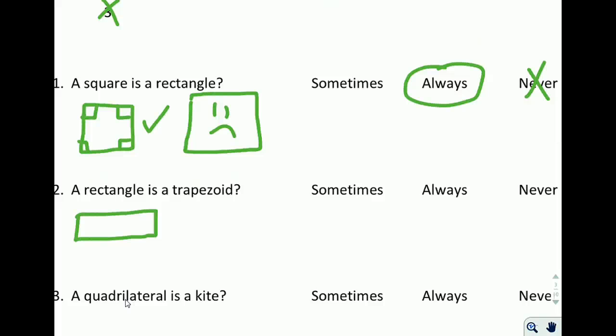In some countries, in some textbooks, they will say it is at least one pair of parallel sides. So depending on how it's defined, it's either always going to be true in some of the European countries. In America, though, it needs exactly one pair of parallel sides. And a rectangle is always going to have 2 sets of parallel sides. So it is never going to work.